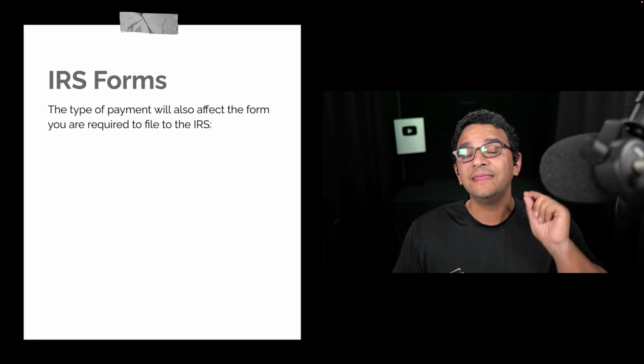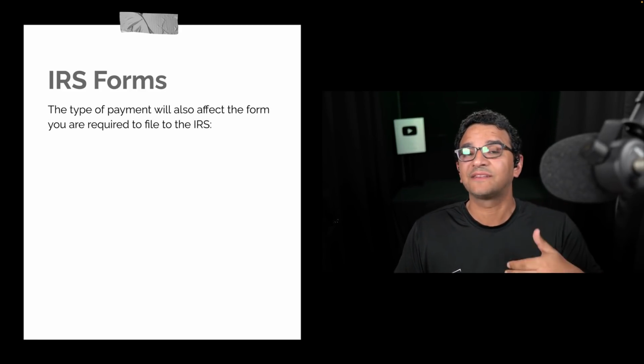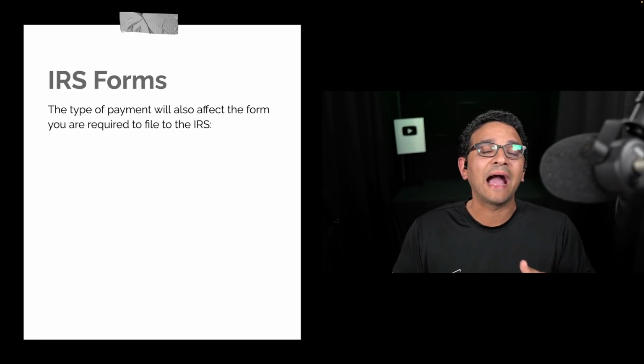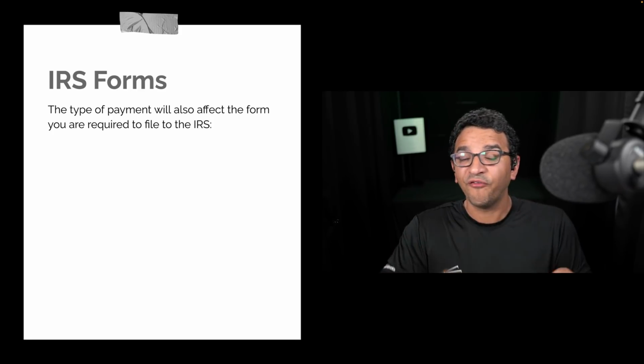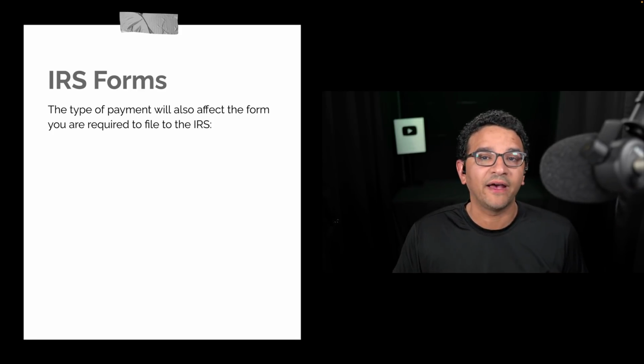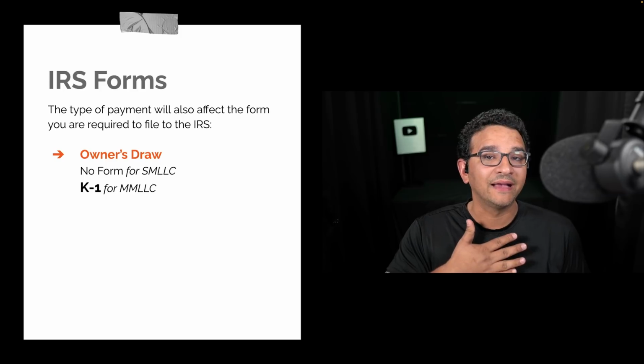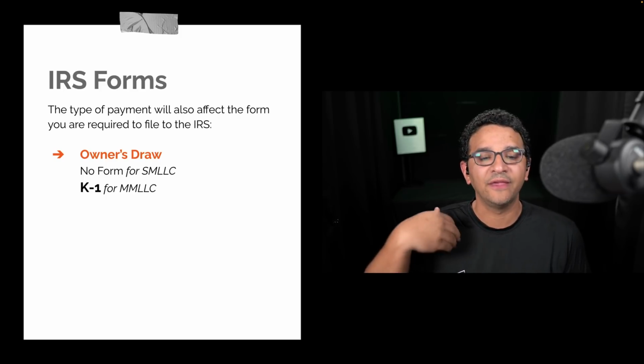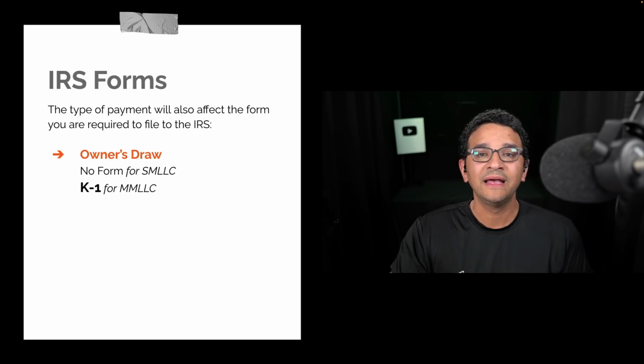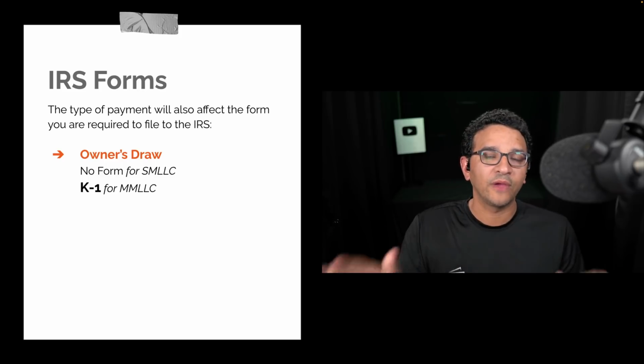Now, depending on how you pay yourself, the type of payment actually affects the type of form you're required to file to the IRS. For example, if you have a single member LLC and you pay yourself an owner's draw, there's actually no reporting requirements.